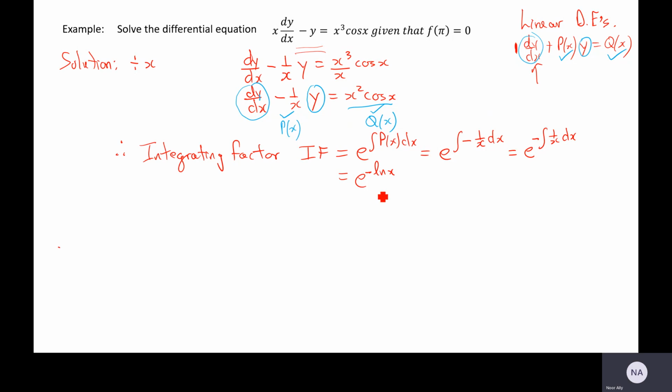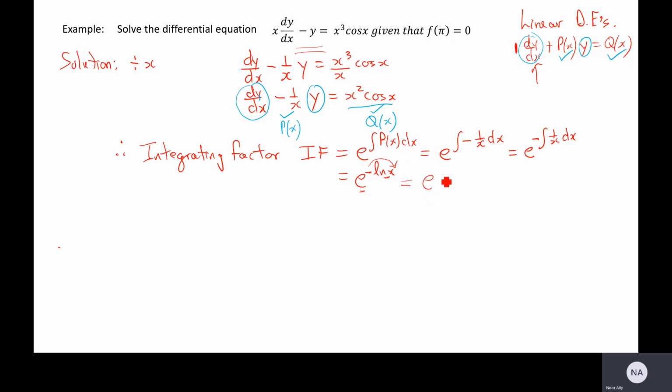Now, recall, can this be simplified further? Yes, it can, because the base of that exponent is e, and the base of ln, remember, is e as well, except that negative sign is a problem. We must first take that negative sign there before we can eliminate e and ln.